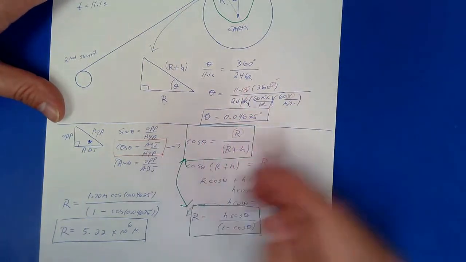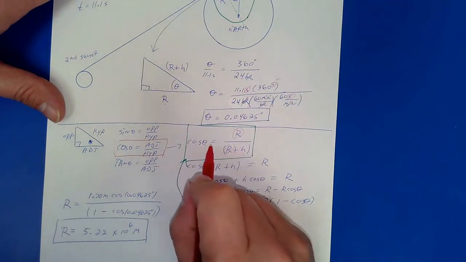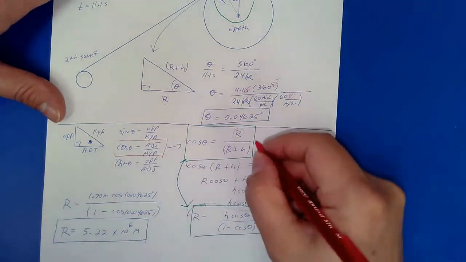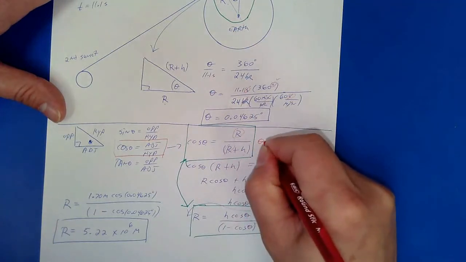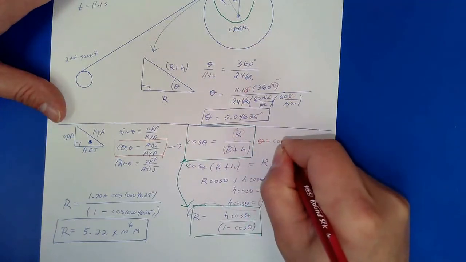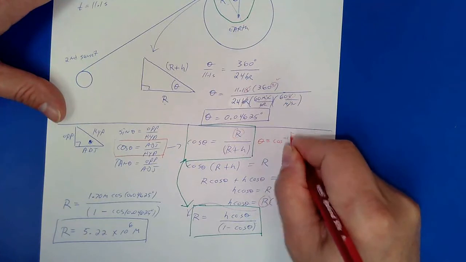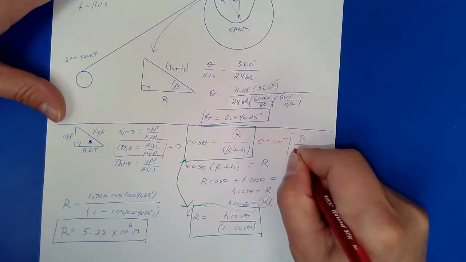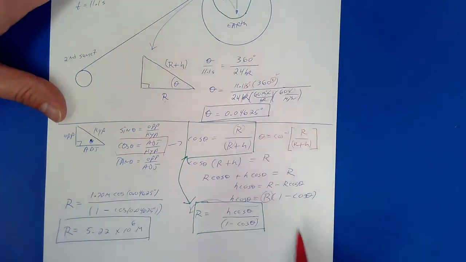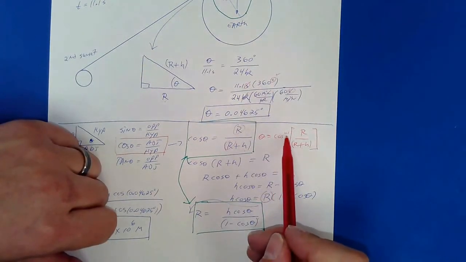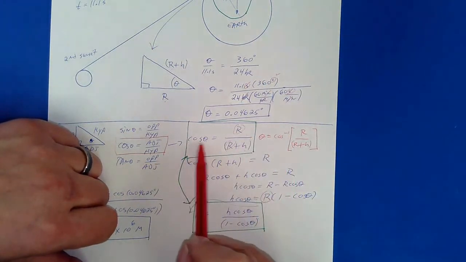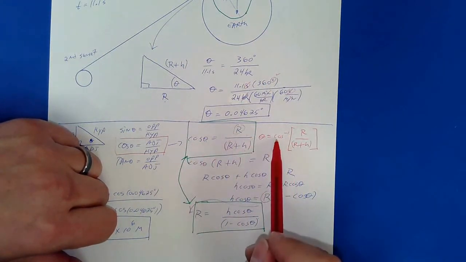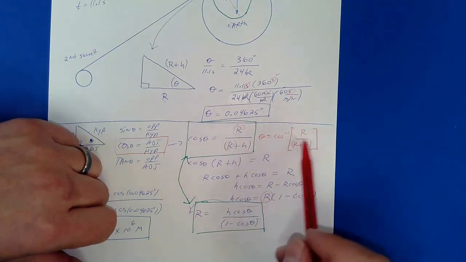To go from cosine theta and get the angle alone, I have to take the cosine inverse of both sides. When I do that, this is what you would write. The inverse cosine will get rid of the cosine over here, but then you have to write cosine inverse of all this stuff.